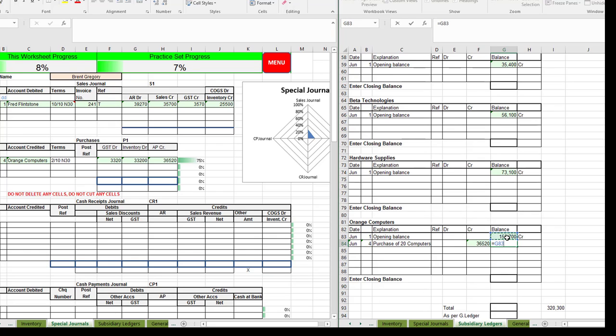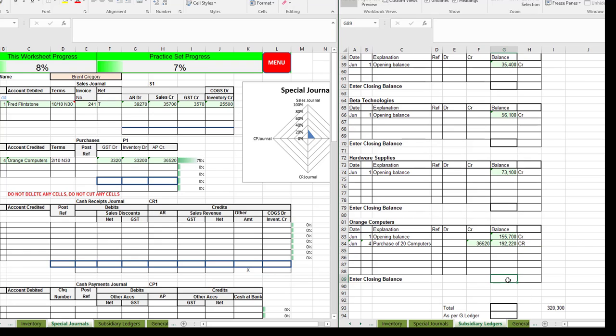We've got the opening balance, yes, the same, but we would deduct any debits and we add any credits. I put in an equal sign there. Let me change that to a plus sign, and that will now fix up, and that is a credit balance.